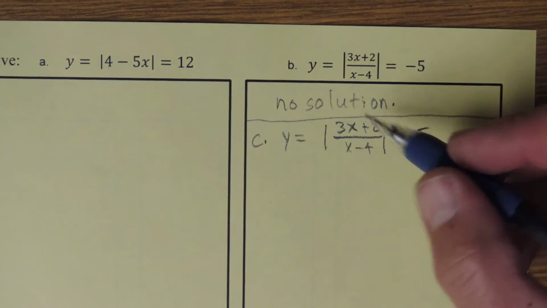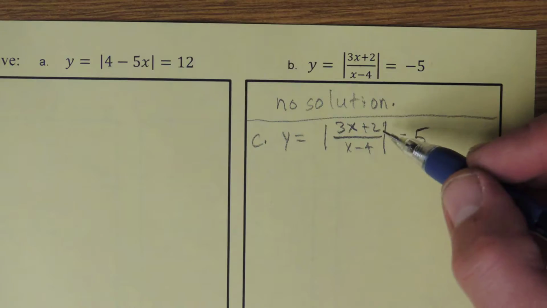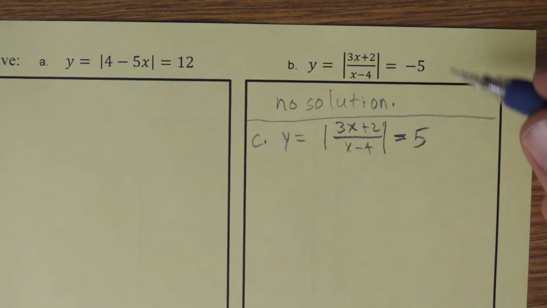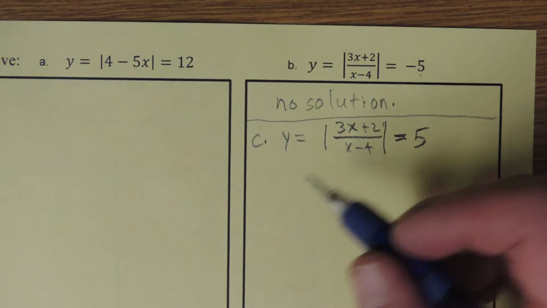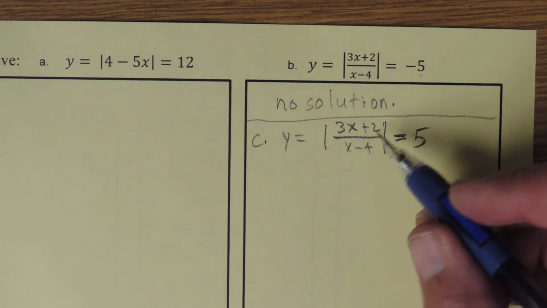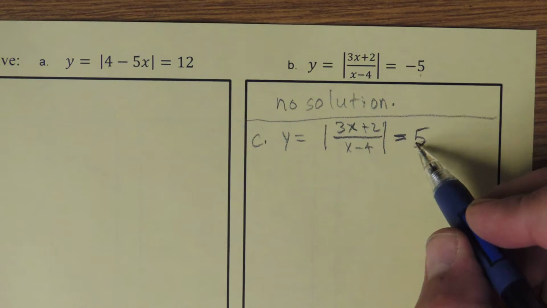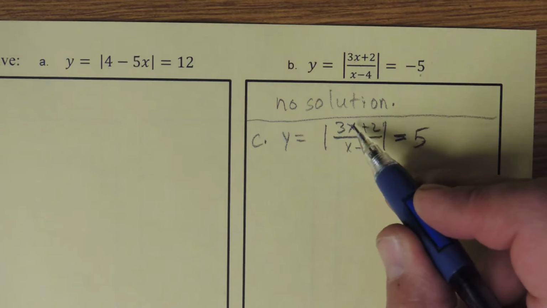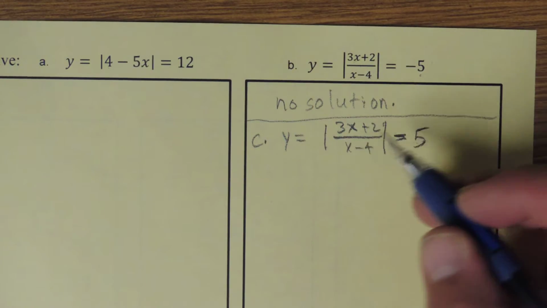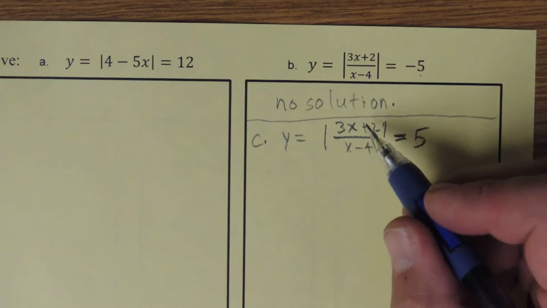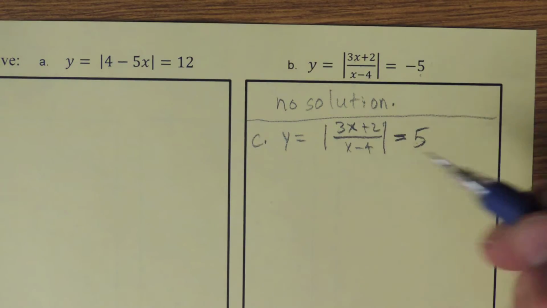That allows me to do that because I always get a positive number from the absolute value. I can get a positive number, I can't get a negative number. To get a 5 here, I can get a 5 here. If I get a 5 here, the absolute value will give me a 5 here. But I can also get a negative 5 here.